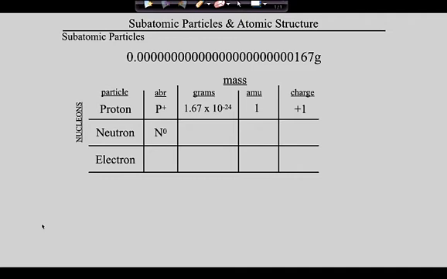It has no charge. So let's flesh this out. This is pretty slick. Ready? What is the mass of a neutron in grams? The same as a proton. So guess what it is in AMUs? Still 1. And then, what's the charge? 0.